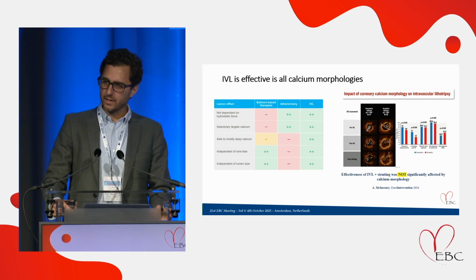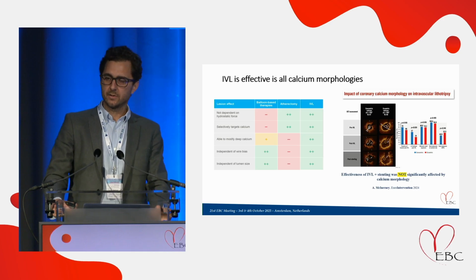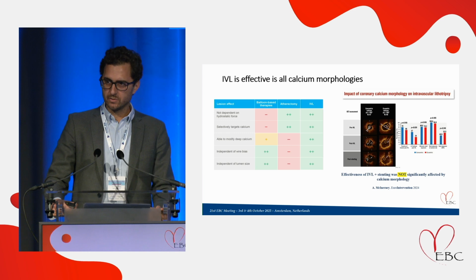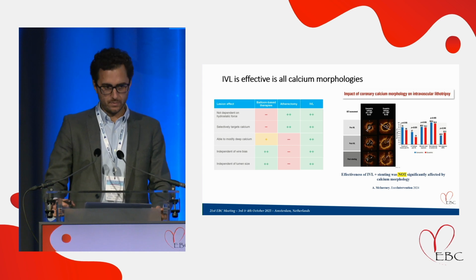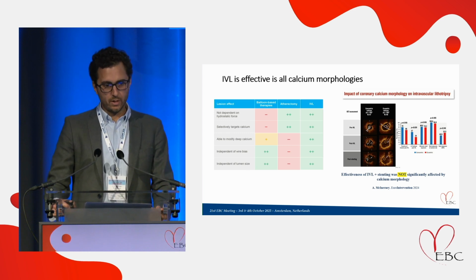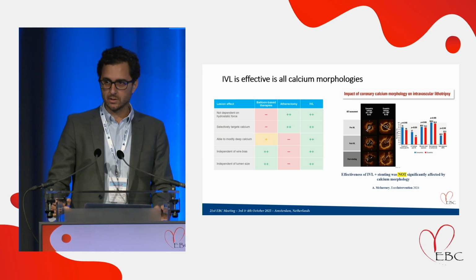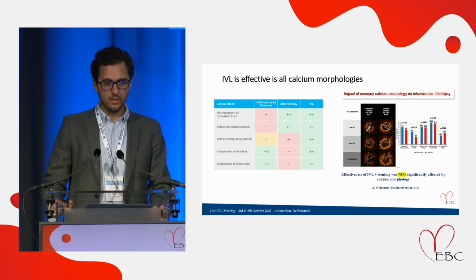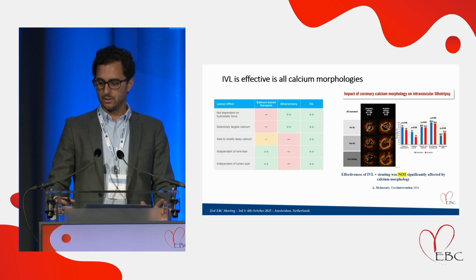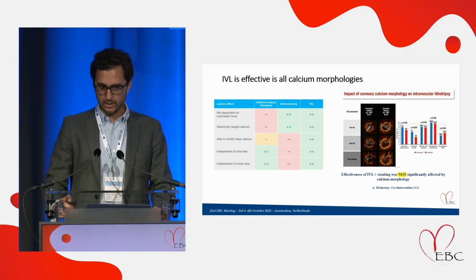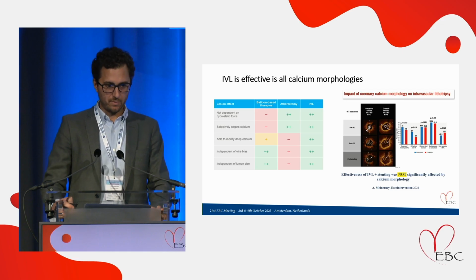The effect of IVL on the different calcium morphologies has already been shown in several studies. This is one study from Madrid, Professor Escaned, where IVL was analyzed in both eccentric and concentric lesion patterns assessed by OCT, and they could show that the effectiveness of IVL was not significantly affected by calcium morphology. So it also works in eccentric anatomies, which we find regularly in bifurcation lesions.